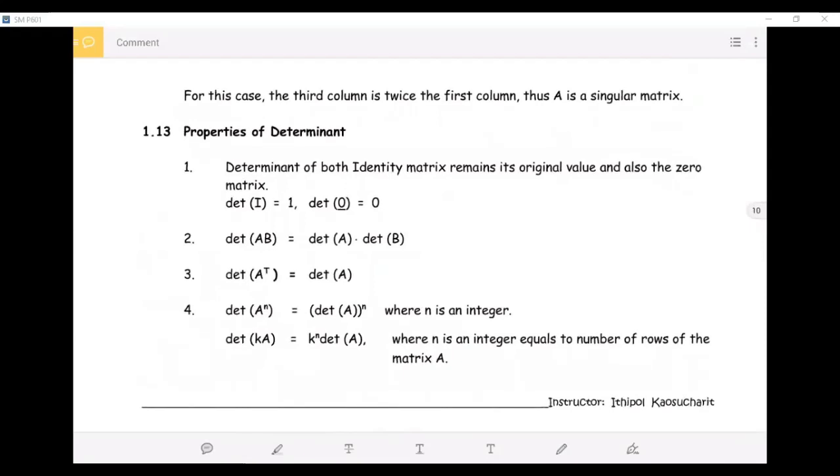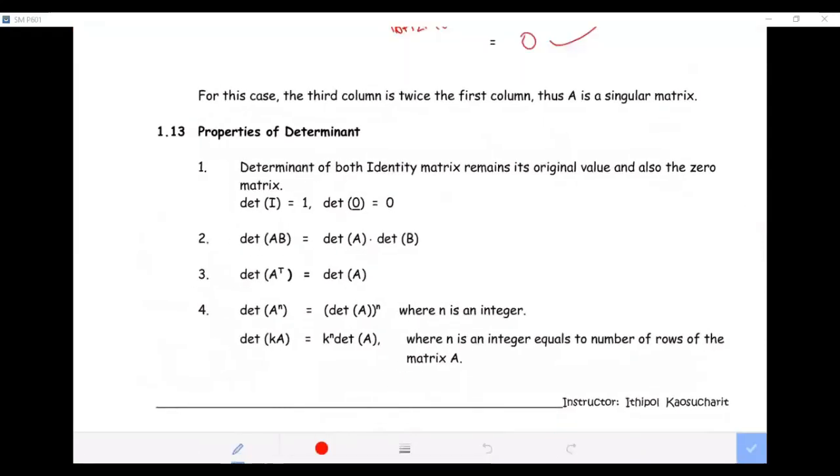It goes like this: 1, 2, 3, and 4. If I read it to you now, by the time I arrive at number 4, you will have forgotten number 1 already, so I'm not going to read it for you.